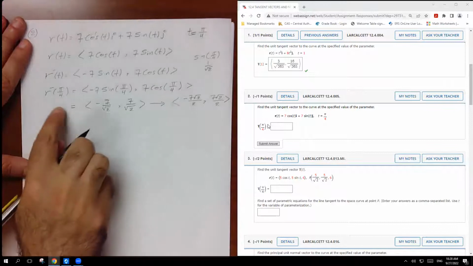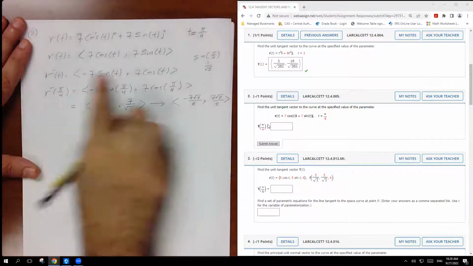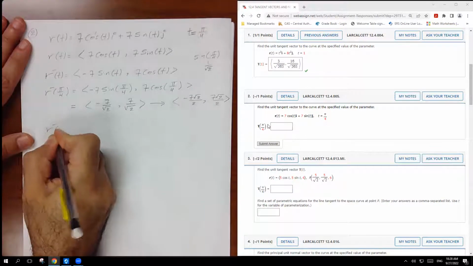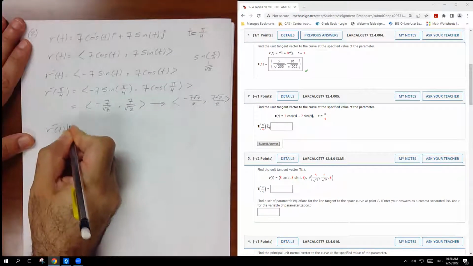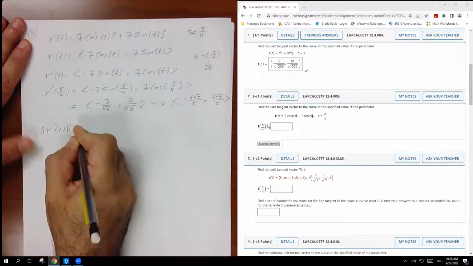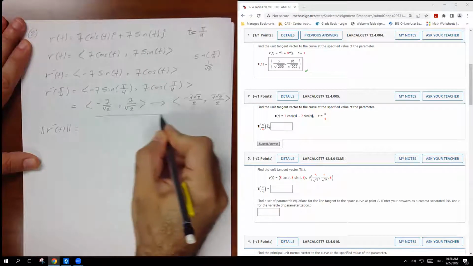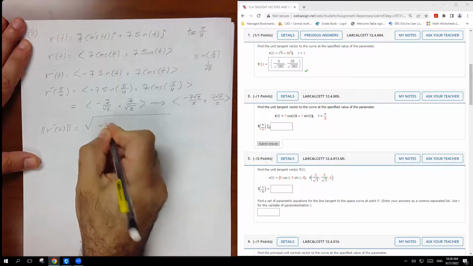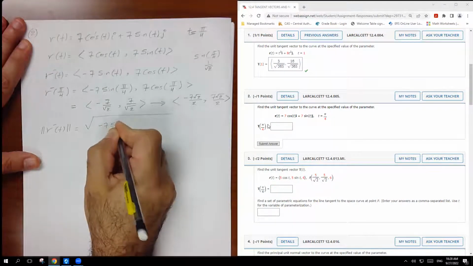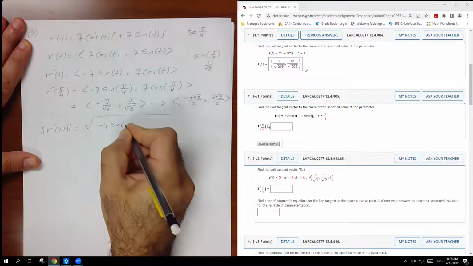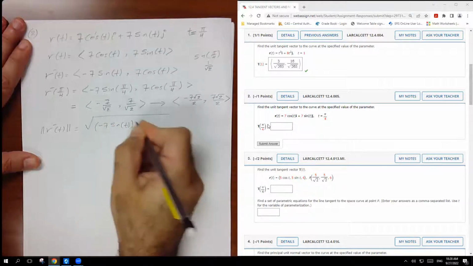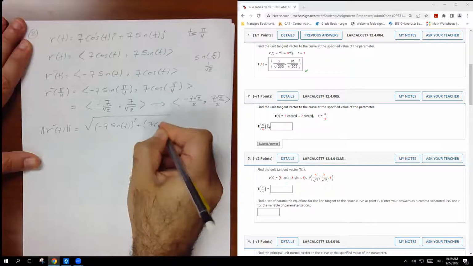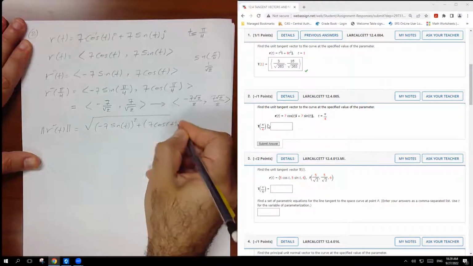So the next step, I need to find the length for this one. That means the length with respect to t, which is going to be equal to the square root of -7 sine t squared plus 7 cosine t squared.